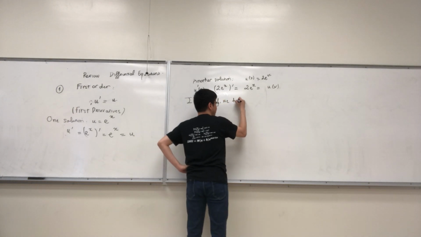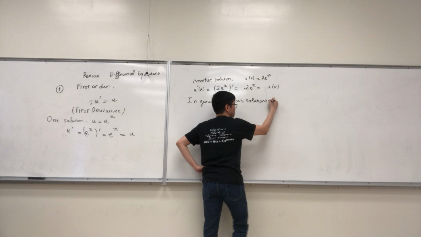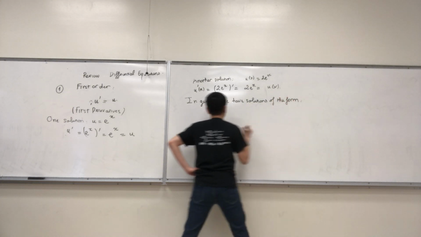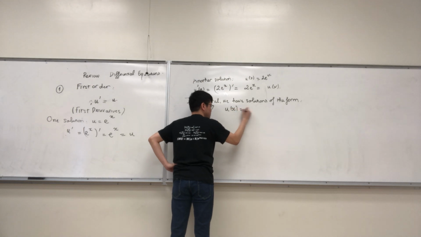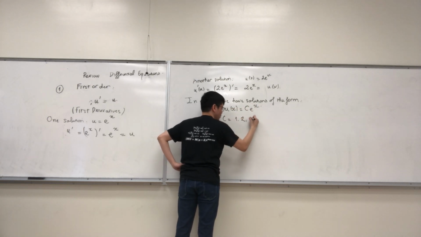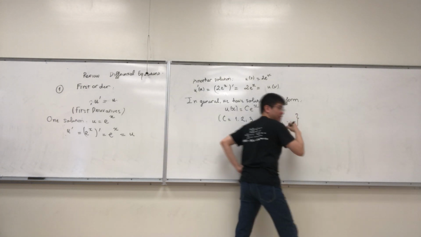So in general, you have solutions of the type u of x is equal to c times exponential of x. So c can be 1, 2, 3, square root 3, right?